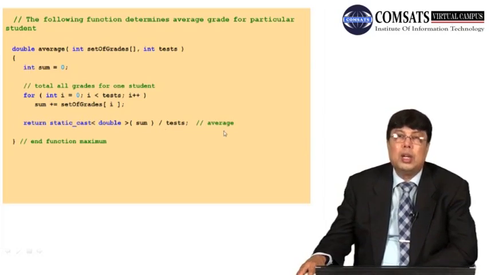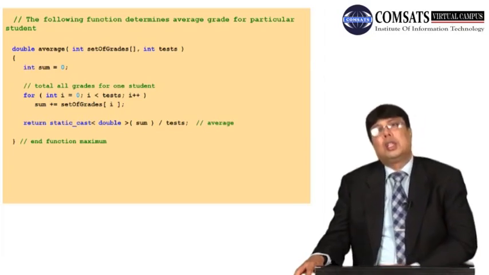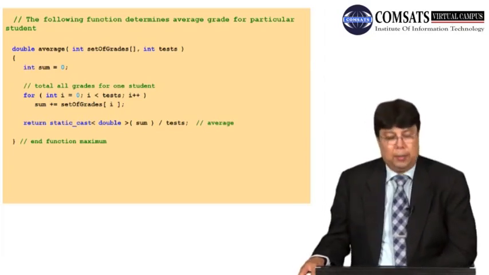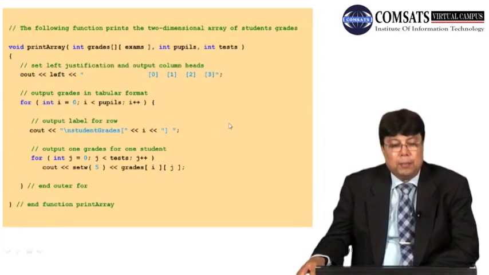So हम हर स्टूडेंट की एवरेज जो है वो रिटर्न कर रहे हैं, और जो calling function है वो 1 by 1 हर students के लिए उसकी average के लिए इसको call करेगा. Print array: once again you need our array, or this is the whole data, students, grades, then exams.